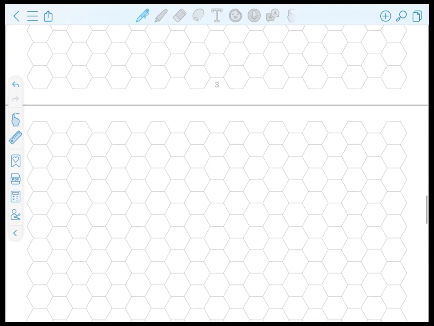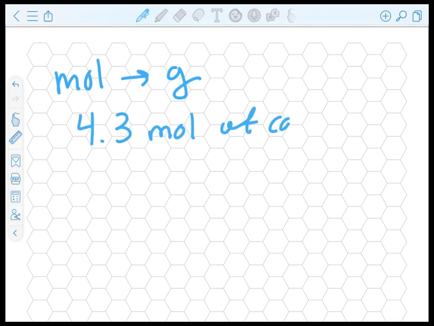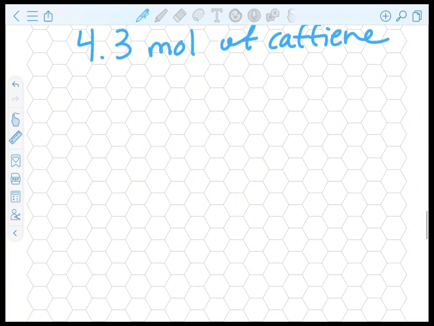Let's look at our caffeine example. Let's convert both ways. First, moles to grams. So let's say instead of 1 exact mole, we have 4.3 moles of caffeine. Well, we already have the mass from the previously calculated molar mass of 1 mole of caffeine. So the dimensional analysis will look like this.